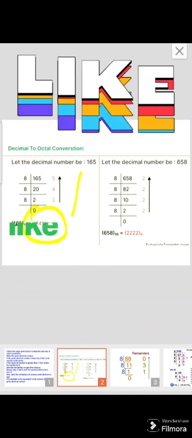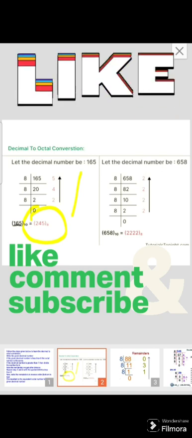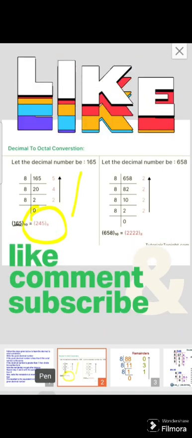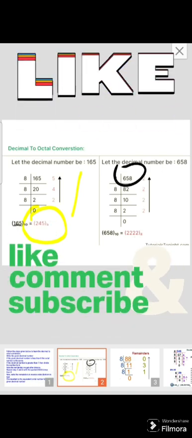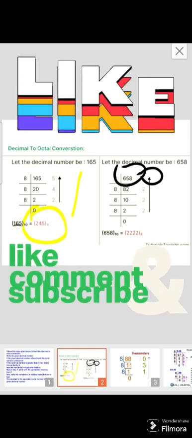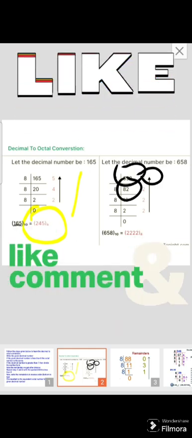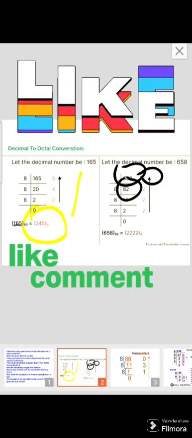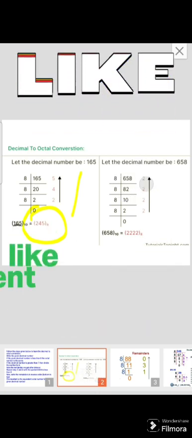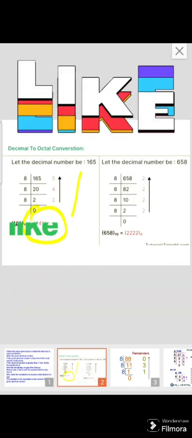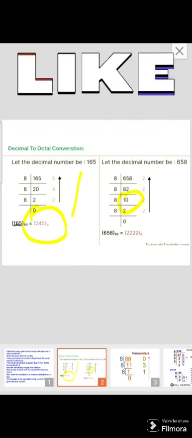Another example is given as 658, which is divided by 8. Here we obtain the remainder 2. 82 is the quotient. As 82 is greater than 8, it has to be divided by 8. Then we obtain 10 and the remainder is 2.